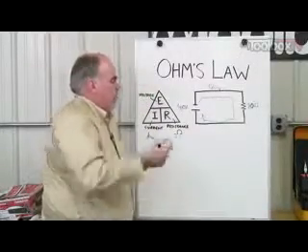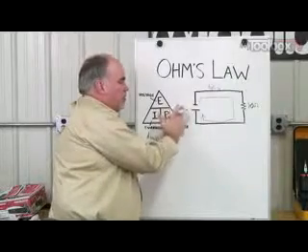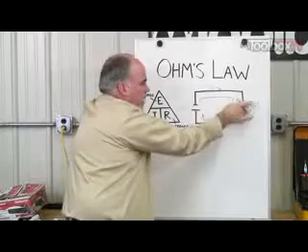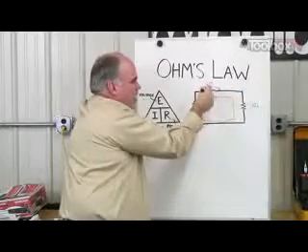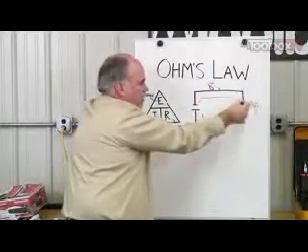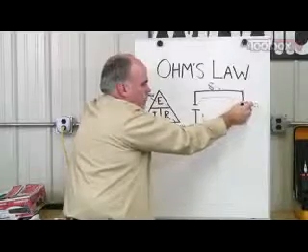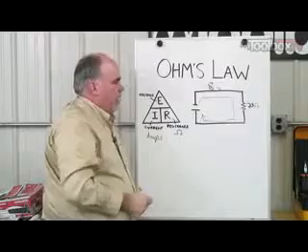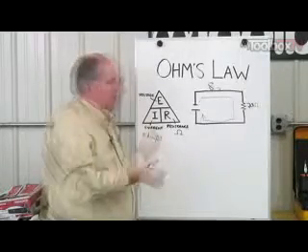And sometimes we may not know voltage. We may know our other quantities. You know, we may have, let's say, 8 amps and let's say 20 ohms. We can easily figure out what that is.